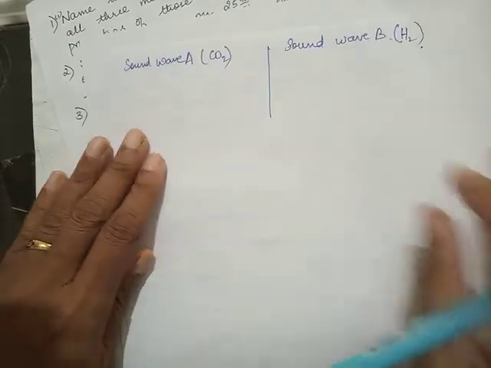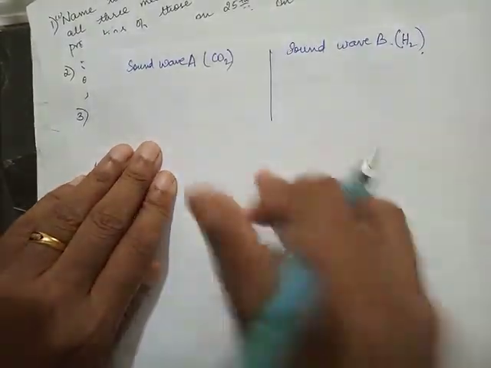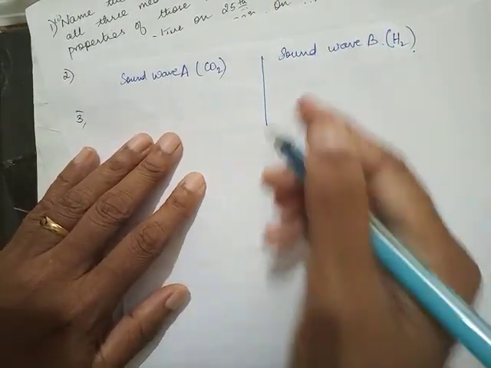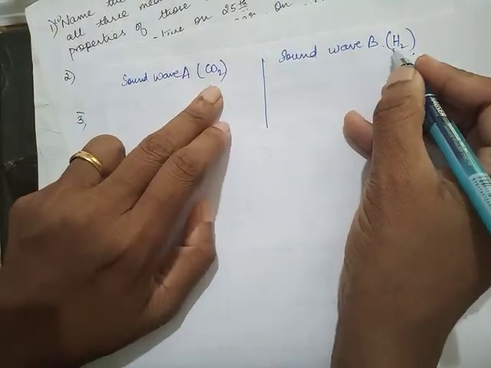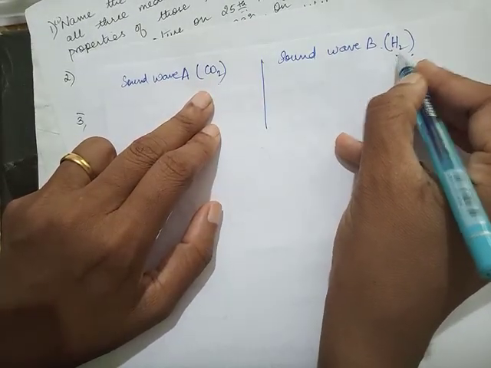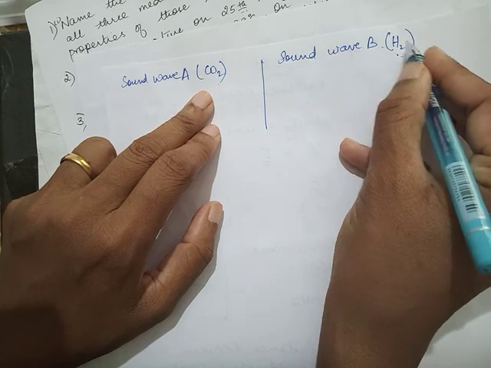So you know that we can differentiate only based on their density. Now, if the numbers were given, then you would have to do it differently. The numbers are not given, so you have to just do it logically. First you have to compare the density of carbon dioxide and hydrogen. You all know hydrogen is the lightest gas.